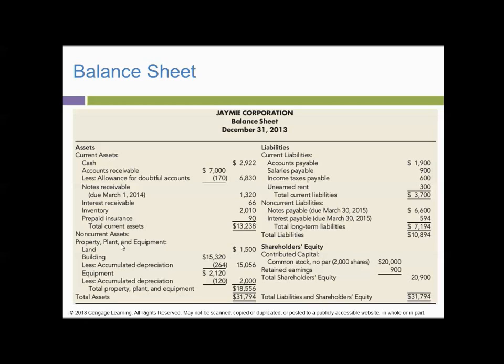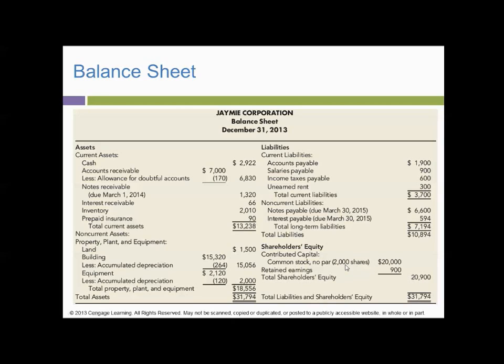And then finally you get to your balance sheet. Make sure your total assets equals your total liabilities and shareholders' equity. See at the bottom here, $31,794. Put everything in the right format. Have your company's name, the date, and assets going in the right order. Current assets first, then property, plant, and equipment.